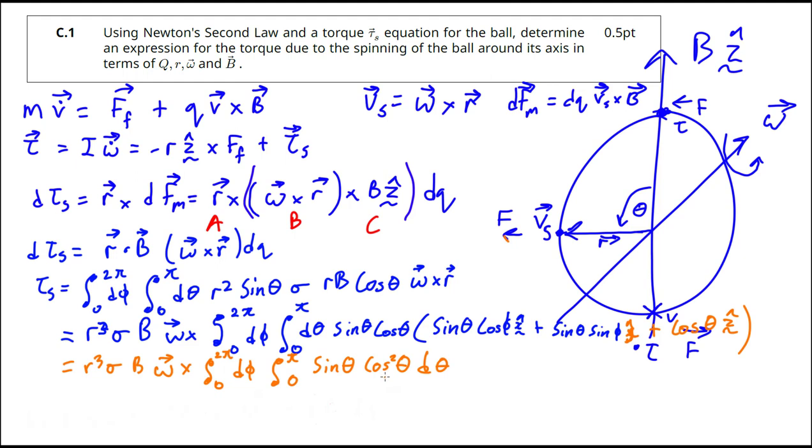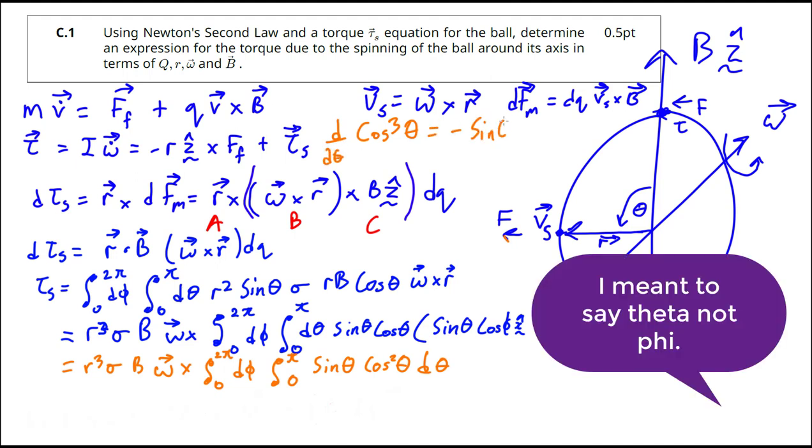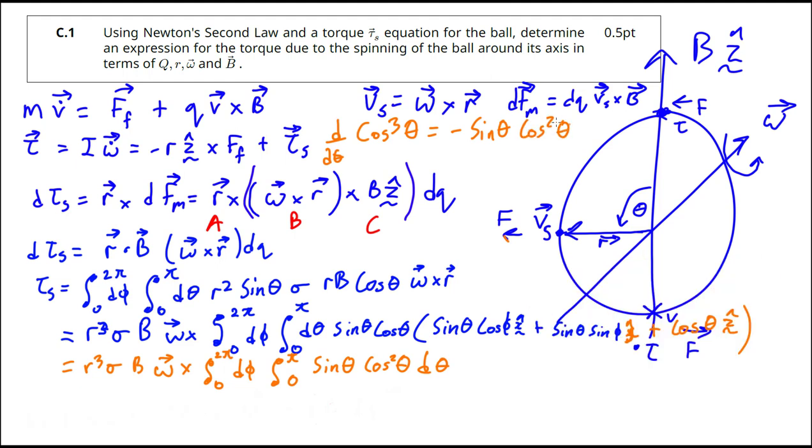So if I think about the expression cos cubed theta, and I take the derivative of that with respect to theta, then I would get minus sine theta cos squared theta, and I'd get a factor of 3 at the front. So I can kind of use this in reverse to be able to integrate this thing here.